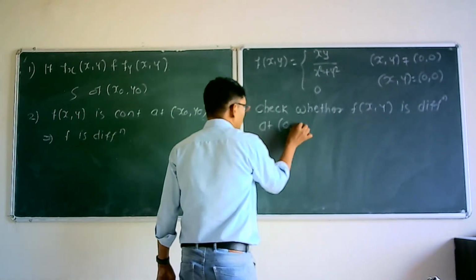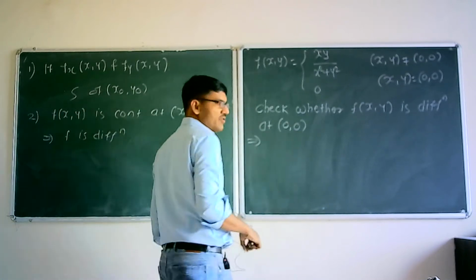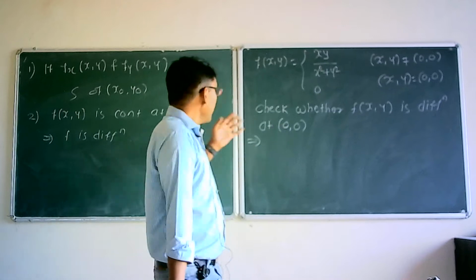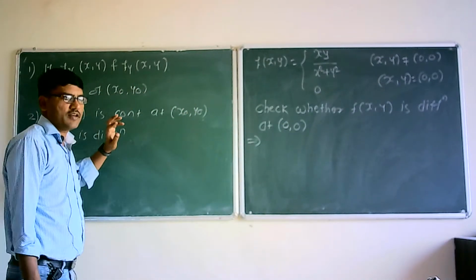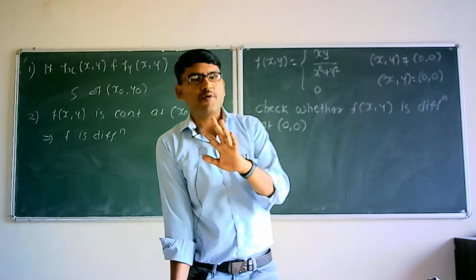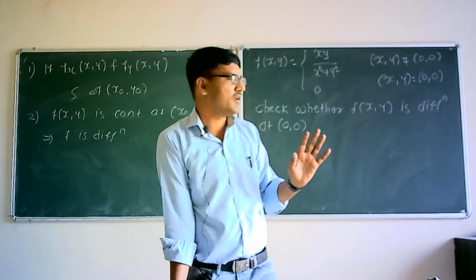So you have two methods. Either you can apply the definition directly, or you can apply the sufficient condition. What does the sufficient condition say? If the partial derivatives exist and if f of xy is continuous, then f is differentiable.